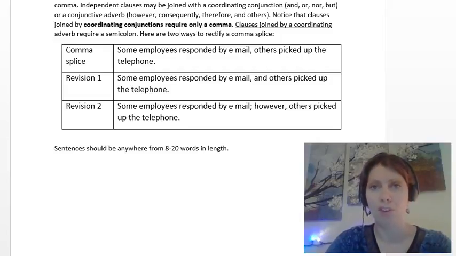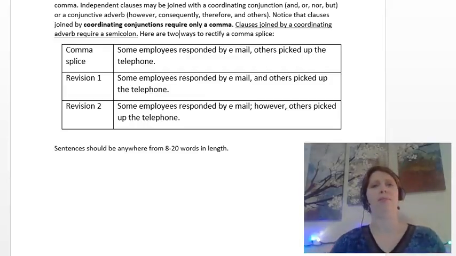So, revision 1, one possibility is some employees responded by email, comma, and others picked up the telephone. Did this use a fanboy or a coordinating adverb? Revision 2, some employees responded by email, however, others picked up the telephone. Did this use a fanboy or a coordinating adverb?